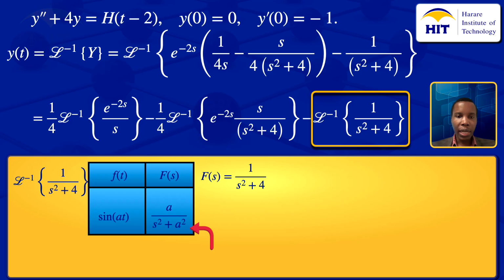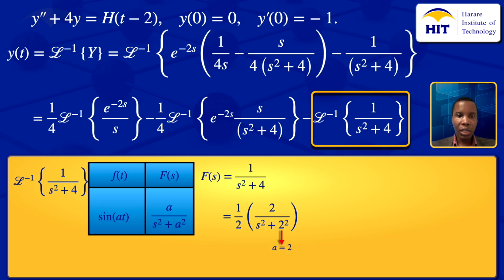So we have to rewrite this 4 as 2 squared. But if we have an a there, then we should have an a in the numerator, of which our a will be 2 there. So we should introduce a 2 in the numerator so that our expression becomes a half multiplied by 2 divided by s squared plus 2 squared. Then we see that our a there is 2. So a equals 2.